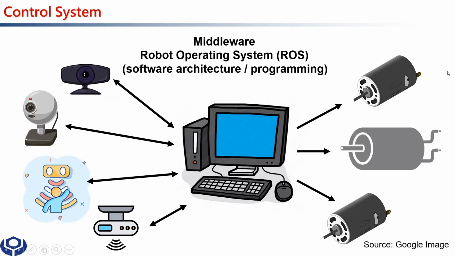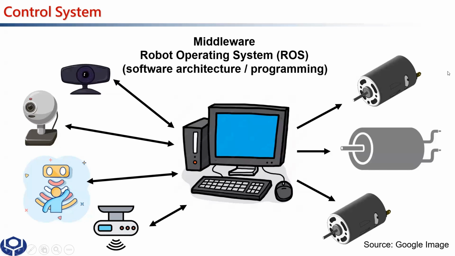After that, this computer is supposed to make the decision, right? To make the correct motion in order to interact with the environment. Then it will send commands to DC motors to control them. This is a key feature we need in order to create a robot. I mean, the advanced robots, not a very simple robot.